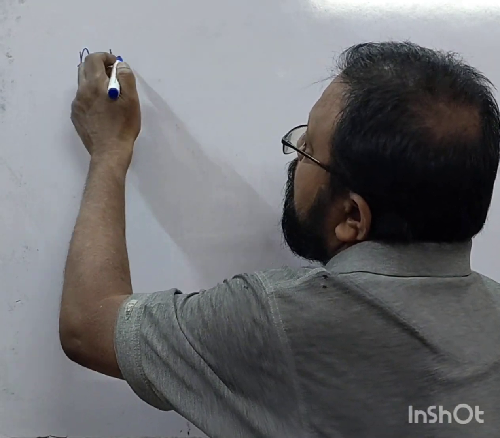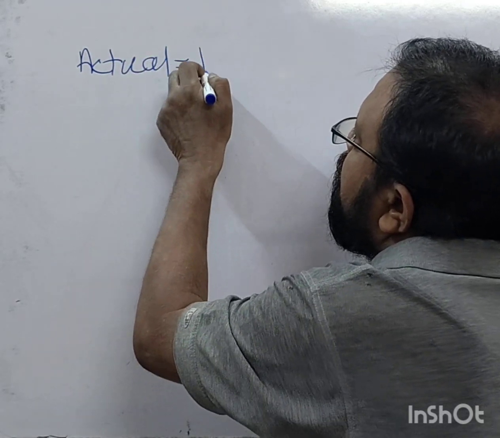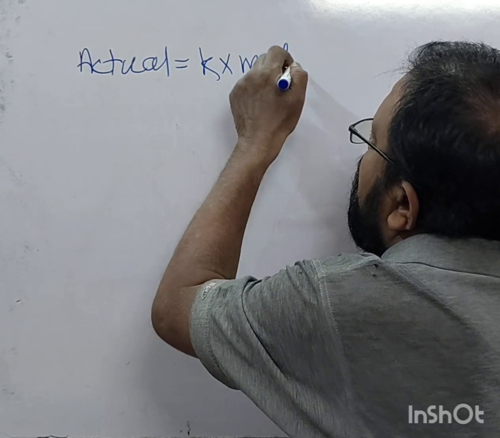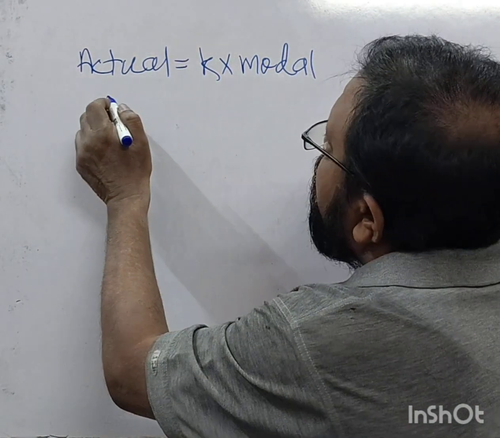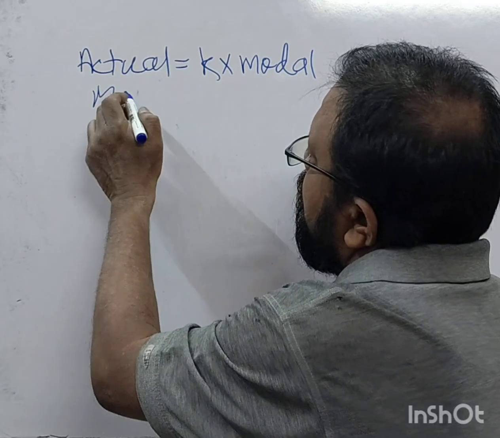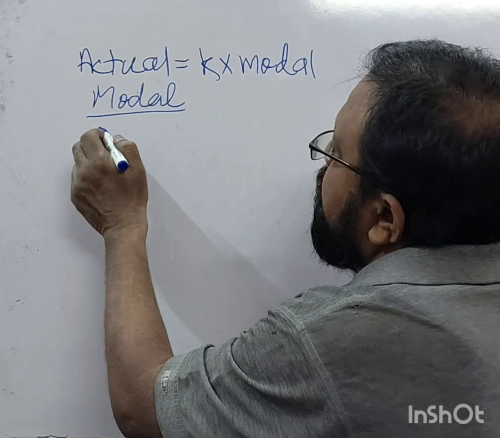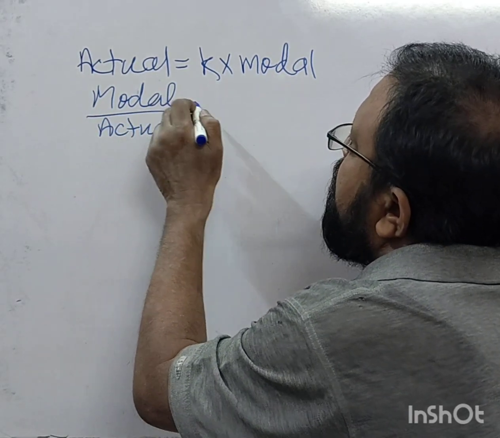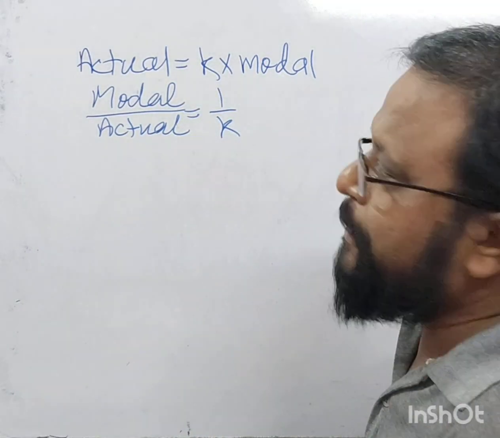Actual is equal to k into model, right? Or you can write model upon actual is equal to 1 upon k, right?